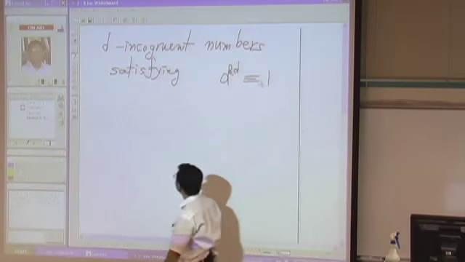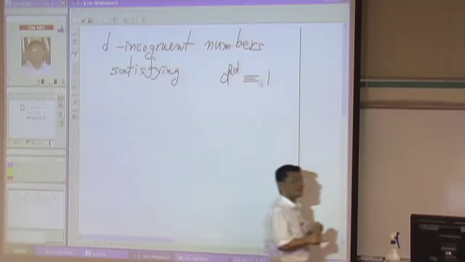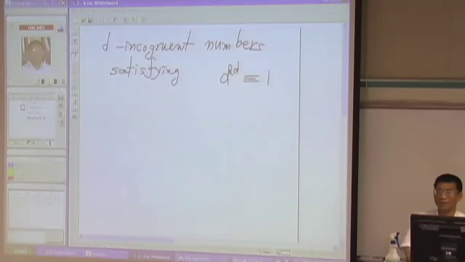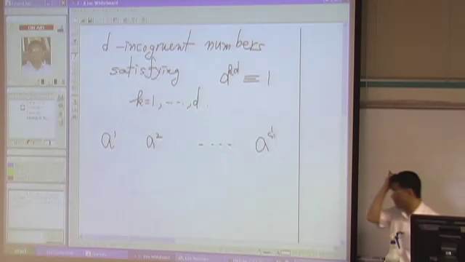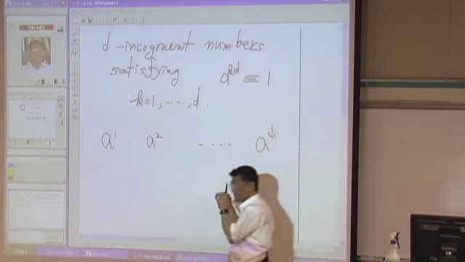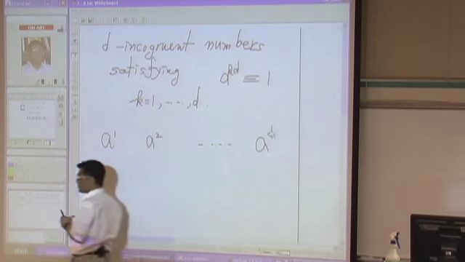We have these incongruent numbers because of the order: the order of a is d, and k runs from 1 to d. Then we have a to the power of 1, a to the power of 2, and so on, and there are no more numbers than these in this system. If you don't understand, ask.